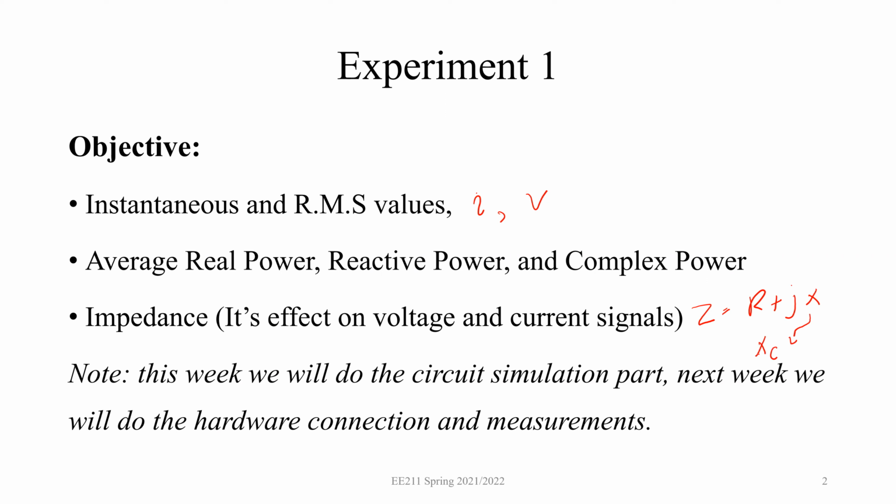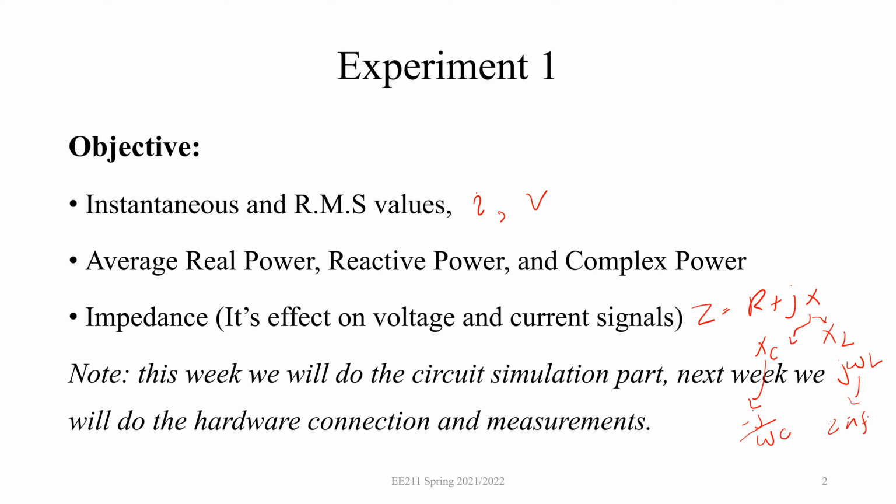X can be the reactance due to a capacitor, and it can be reactance due to an inductor. For an inductor this is j omega L. For a capacitor it is minus j by omega C, and omega equals 2 pi F.